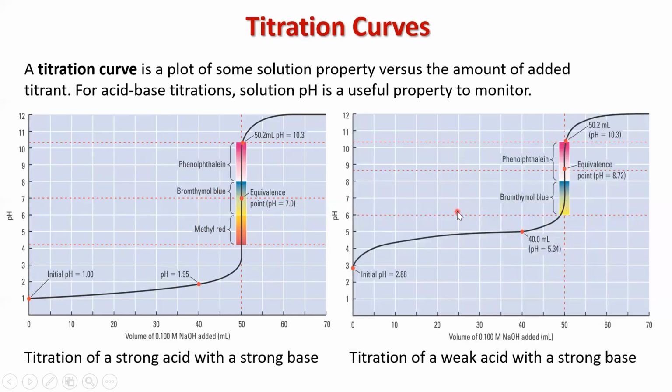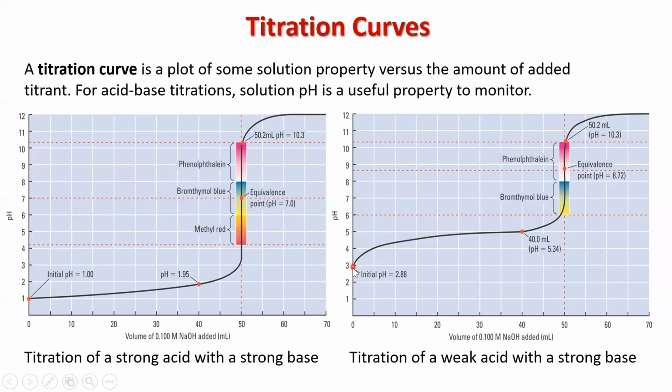Now, this is a very similar titration curve. The only difference is we're looking at a weak acid being titrated with a strong base. So along the x-axis again, how much sodium hydroxide are we adding? And along the y-axis, we have our pH.